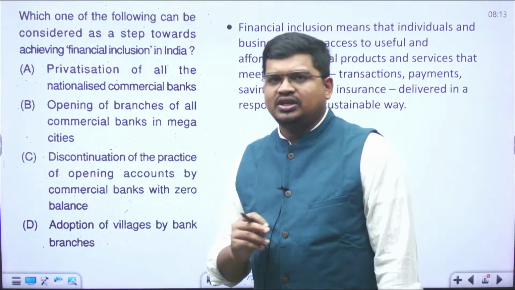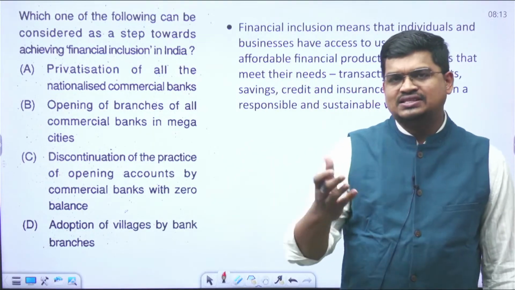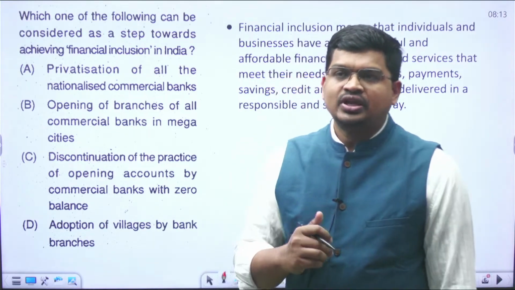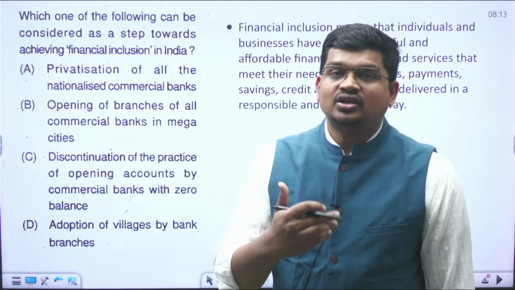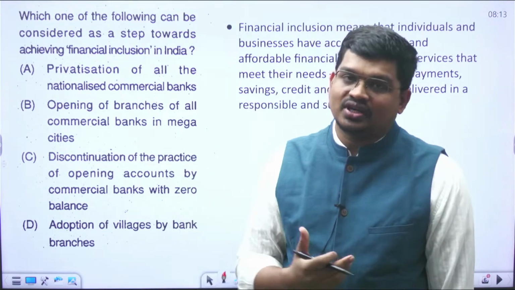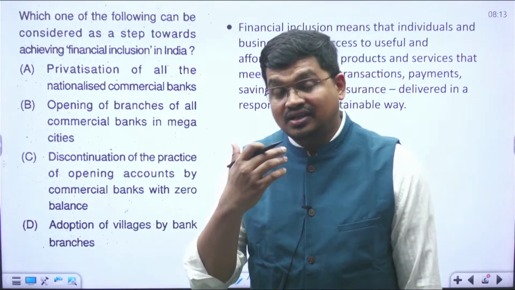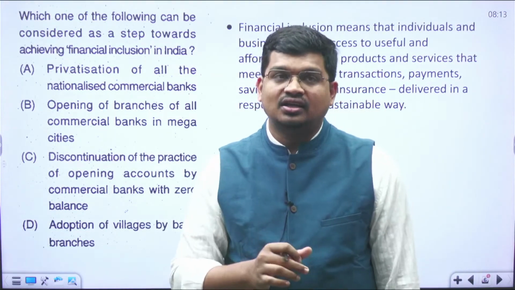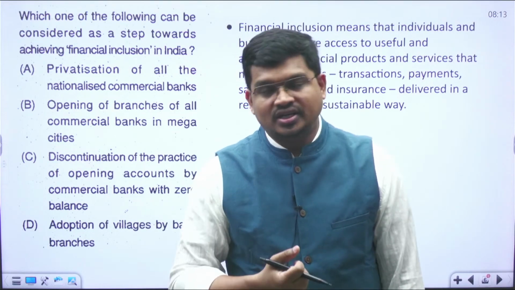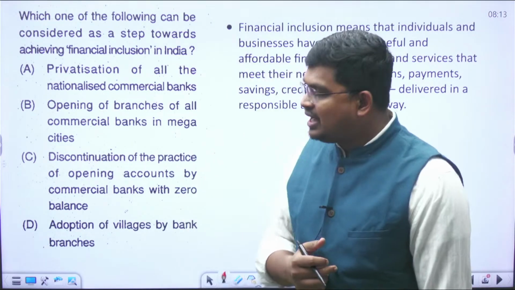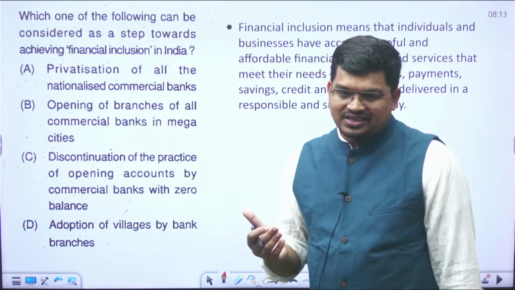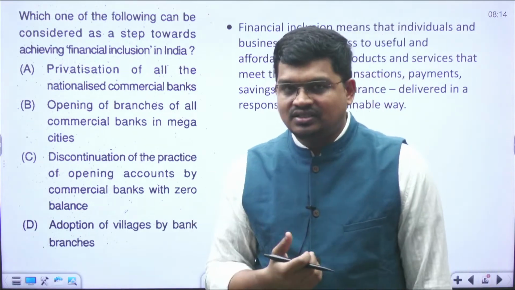But the prime objective of the nationalization of banks in 1969 and 1980 was that the government wanted to provide easy credit facilities to different sections of society. The government saw the data that those deprived sections were not getting an adequate amount of credit. That is the reason we decided to nationalize.